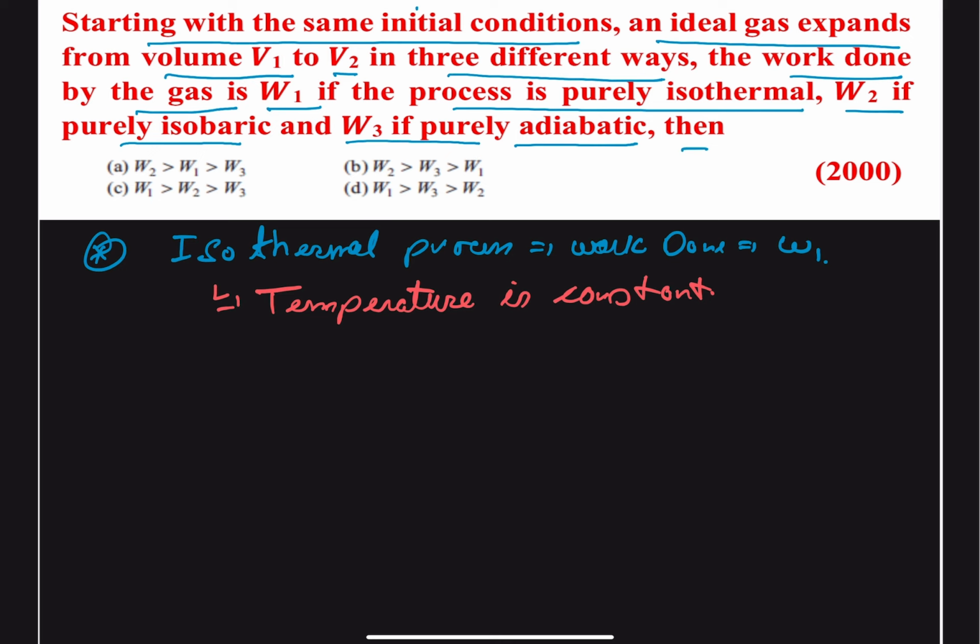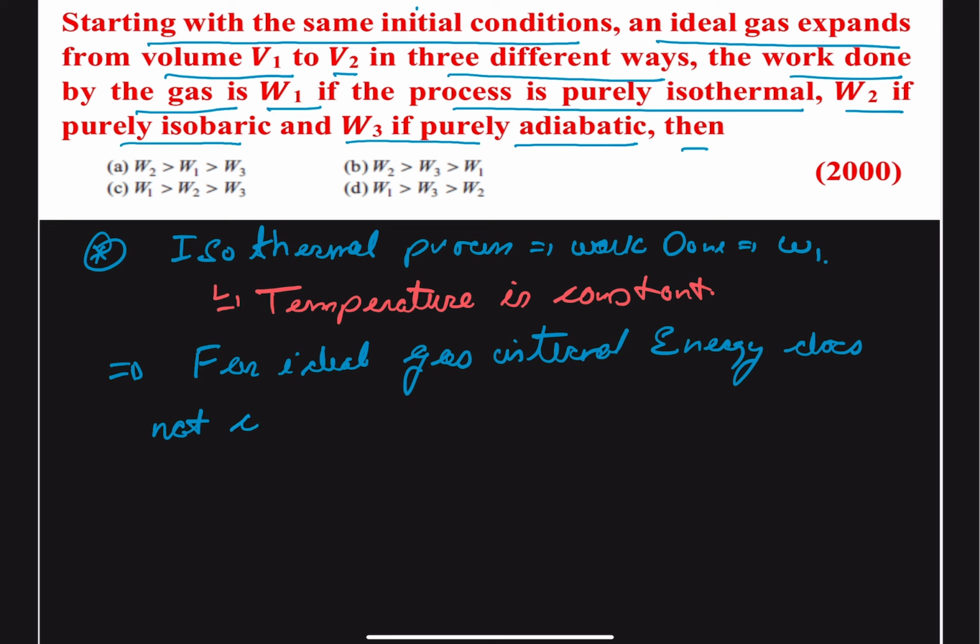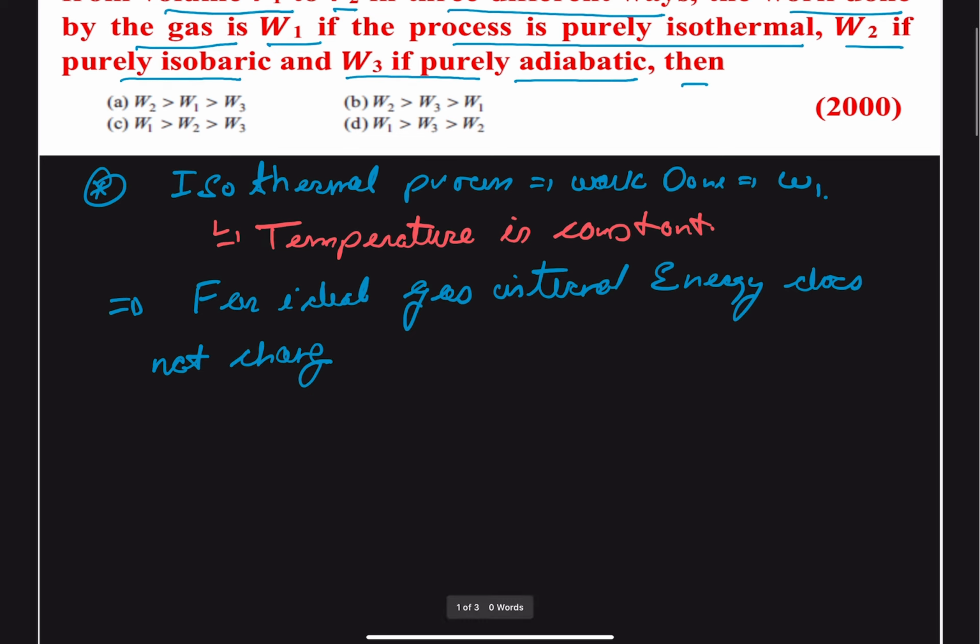Because of this isothermal process, we can draw a conclusion that for ideal gas, internal energy does not change. Or we can say that our delta U will be equal to 0.